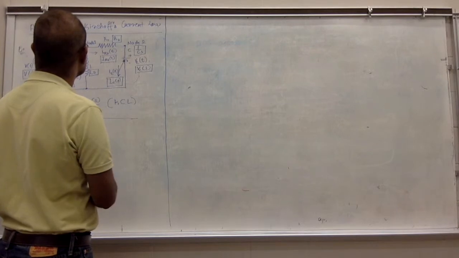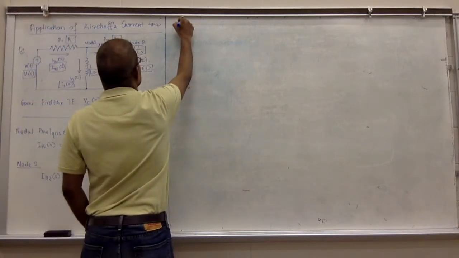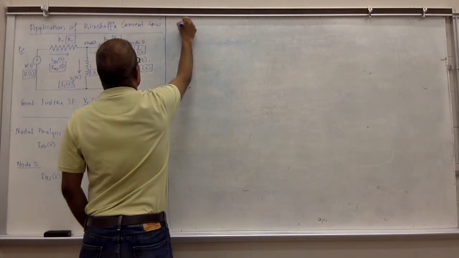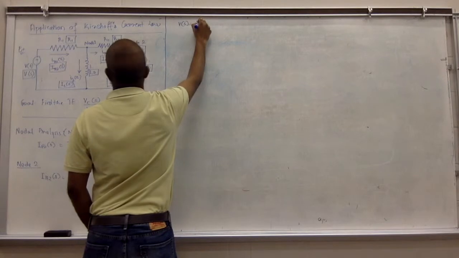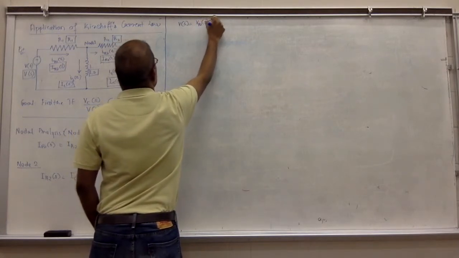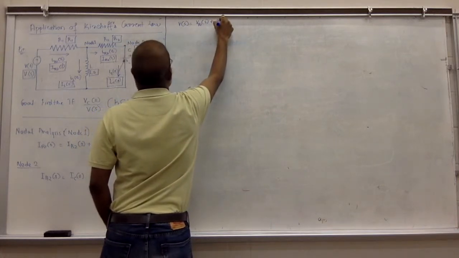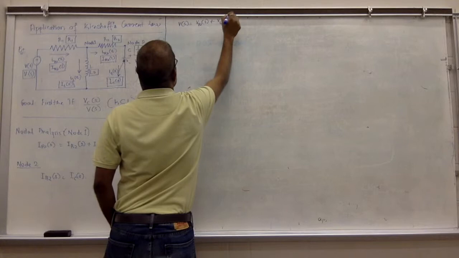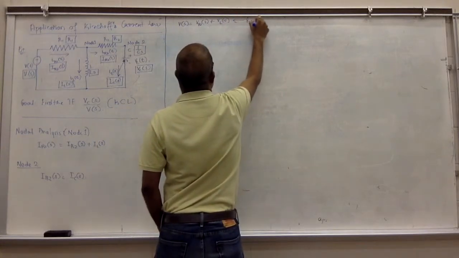It is IR2 plus IL of S. If you look at what your V of S is, V of S is VR1 of S plus VL of S. This is from Kirchhoff's voltage law.